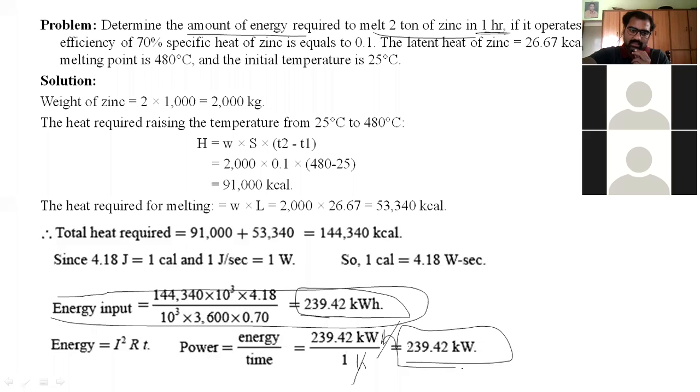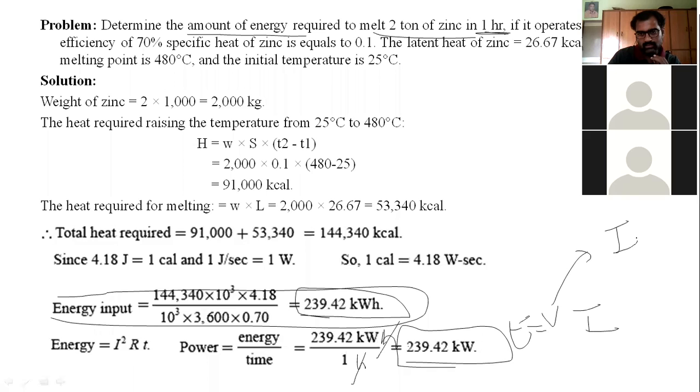Energy is nothing but I squared R. Generally, nothing else is given to us. VI energy is nothing but VI, and V is nothing but IR according to Ohm's law. So that implies I into IR is equal to I square R. So this is the power.